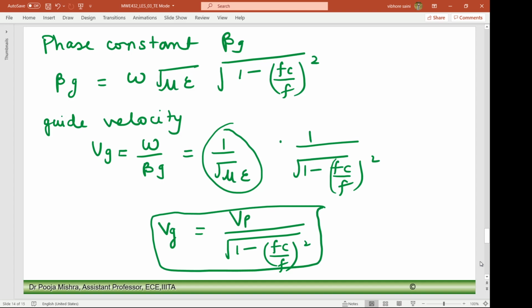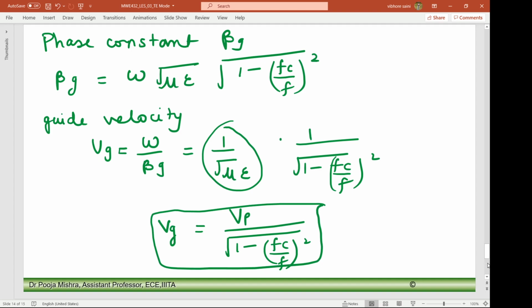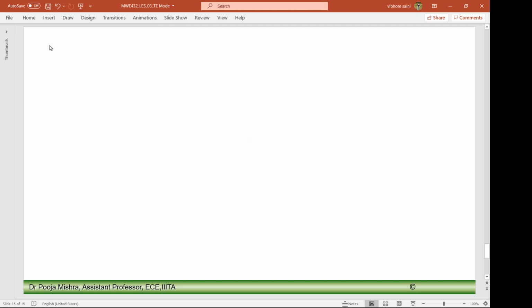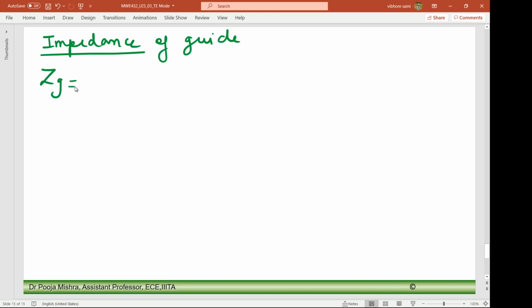Next is impedance of waveguide. Impedance of guide Zg is equal to Ex by Hy or minus Ey by Hx.